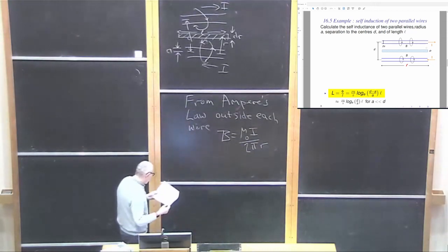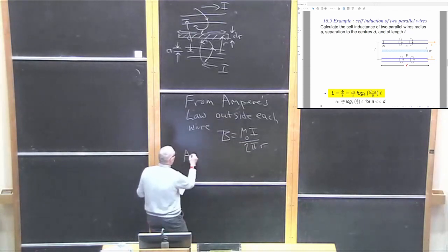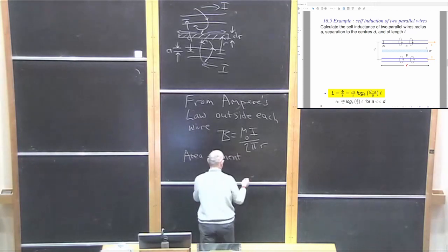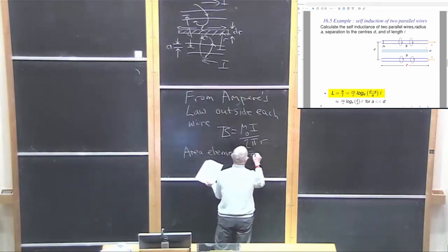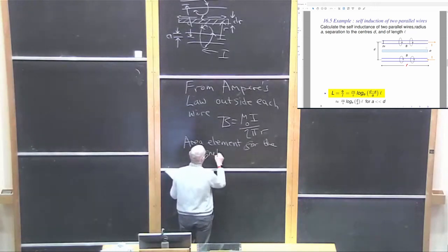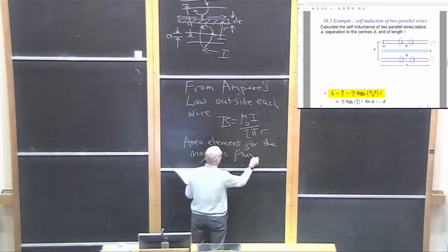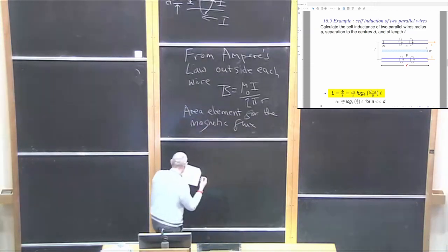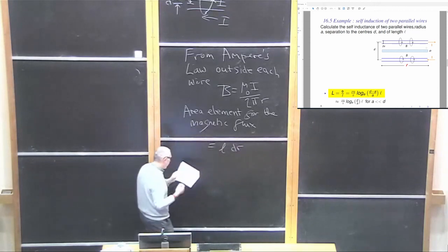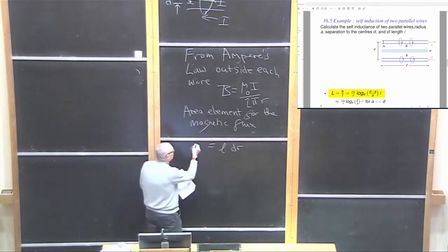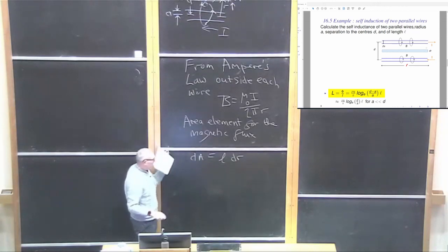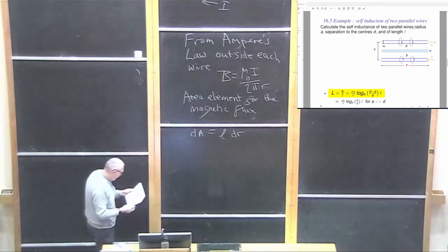And the area element for the magnetic flux is just equal to L dr. Okay, so that's the area dA, and it's parallel to the wire as shown there.